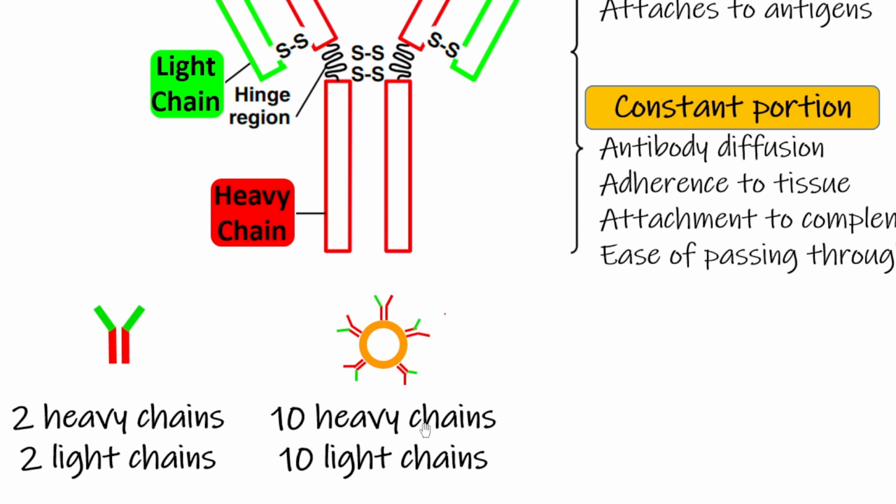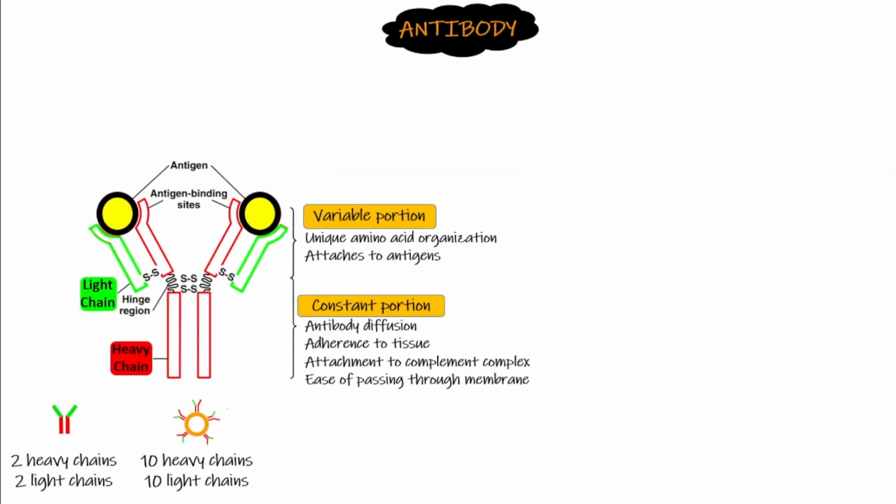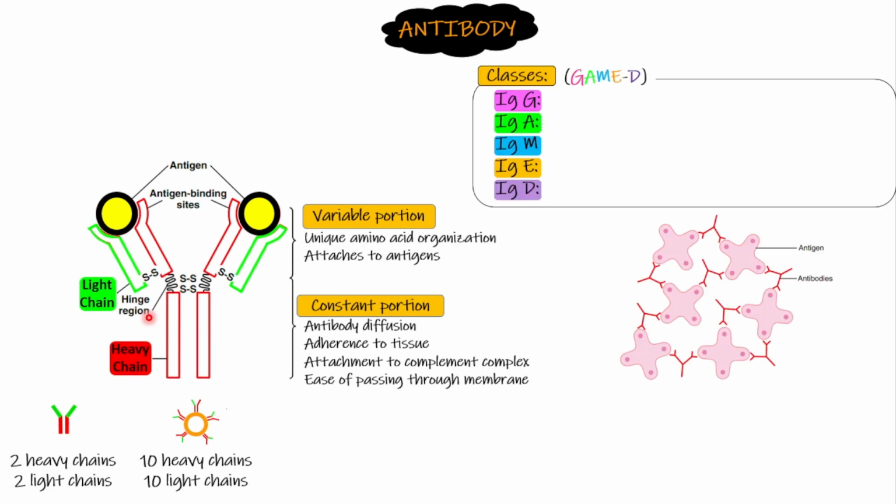So this is the structure of IgM, the largest antibody. And this is the structure of IgG. There are many types of antibodies, which are IgG, IgA, IgM, IgE, IgD. You can remember them with the mnemonic GAMED.